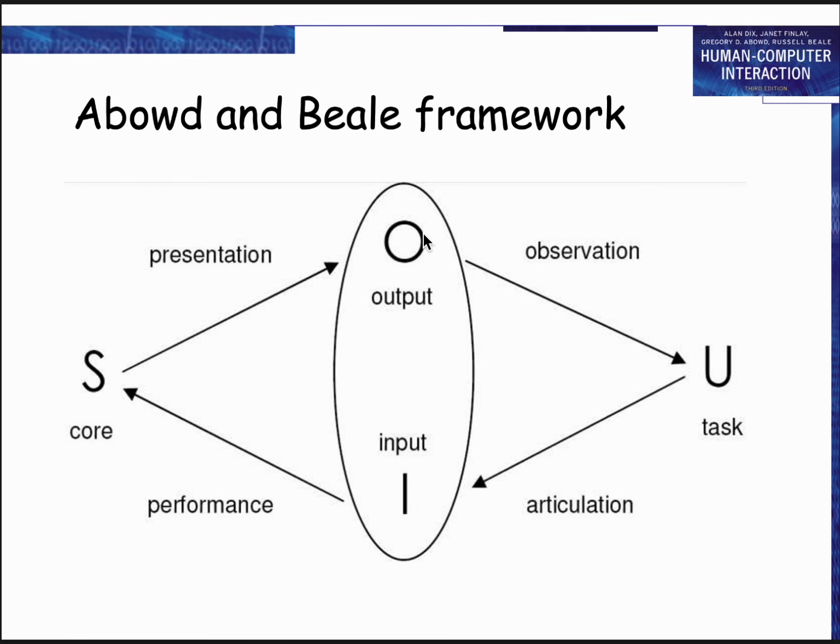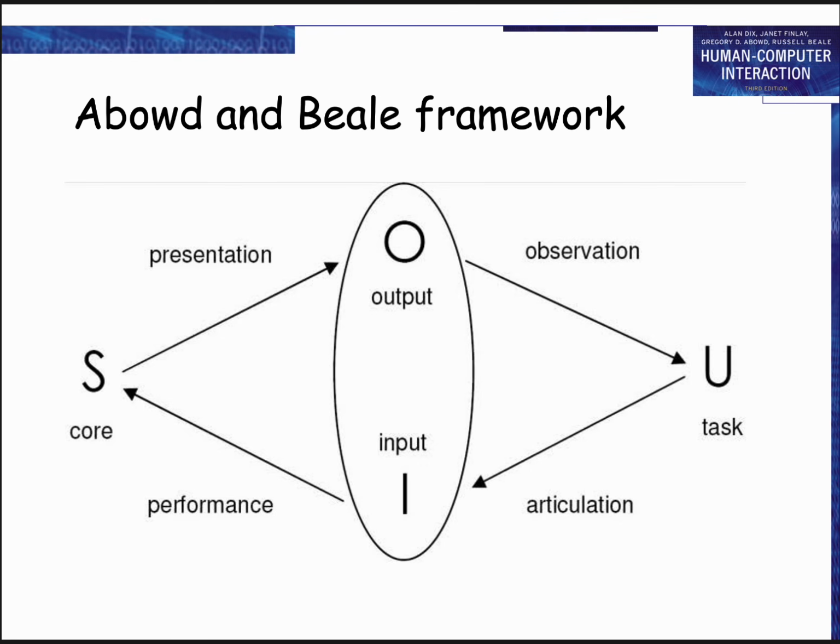Now, if you notice, this particular output is not directly accepted by the user, but rather it's observed first and then perceived, and then the user will try to evaluate whether the particular output met the goal that the user would want to achieve by the end of the cycle.